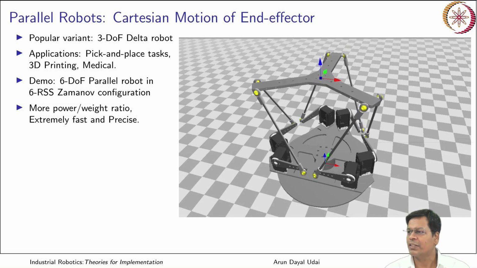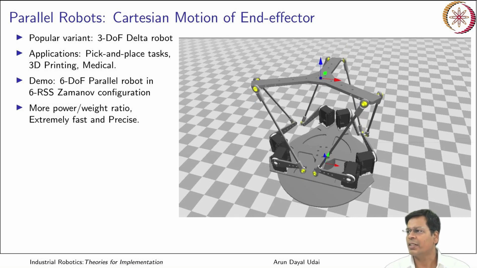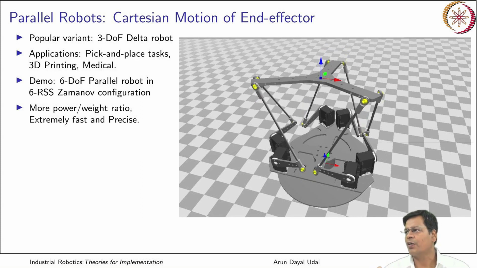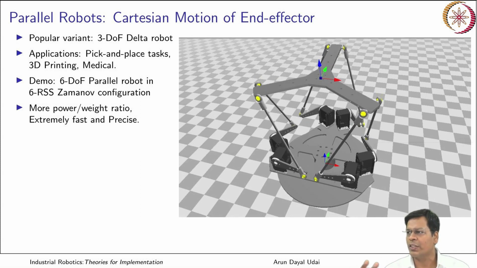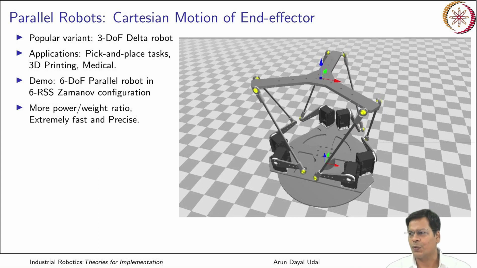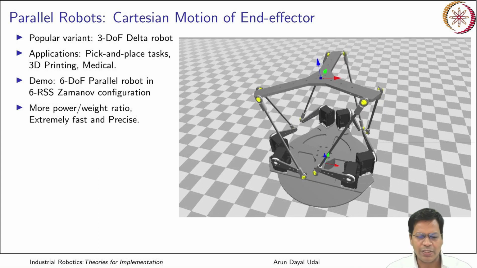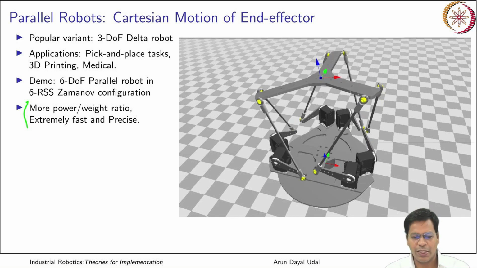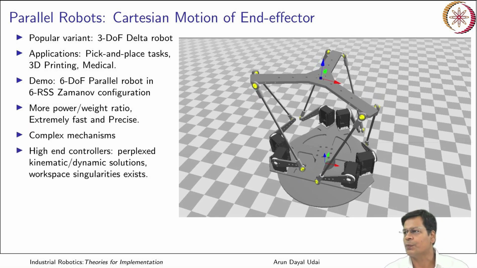That is the reason it is very fast, and it doesn't have much inertia compared to serial robots. So they are very precise also. The fastest robots reported are parallel robots.